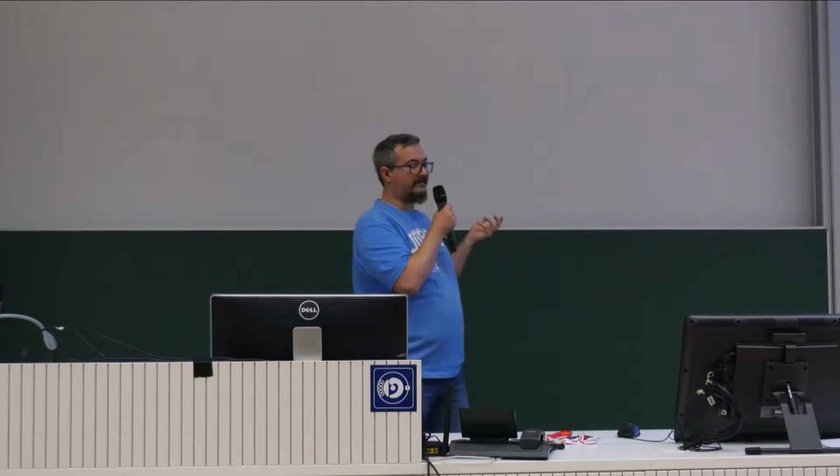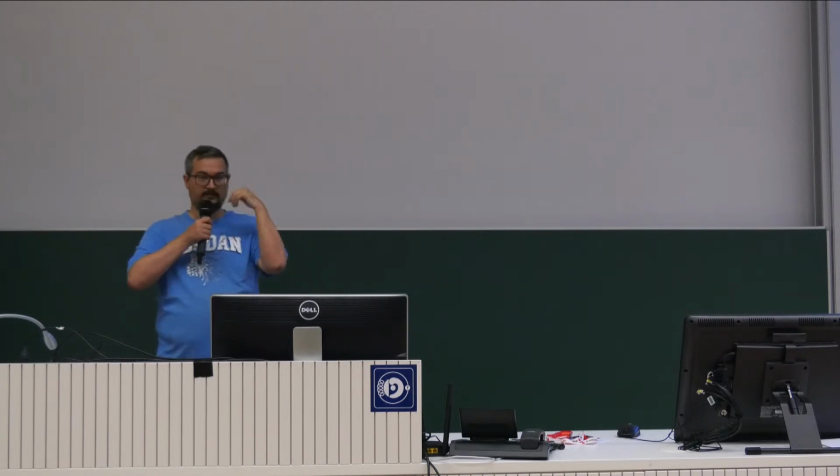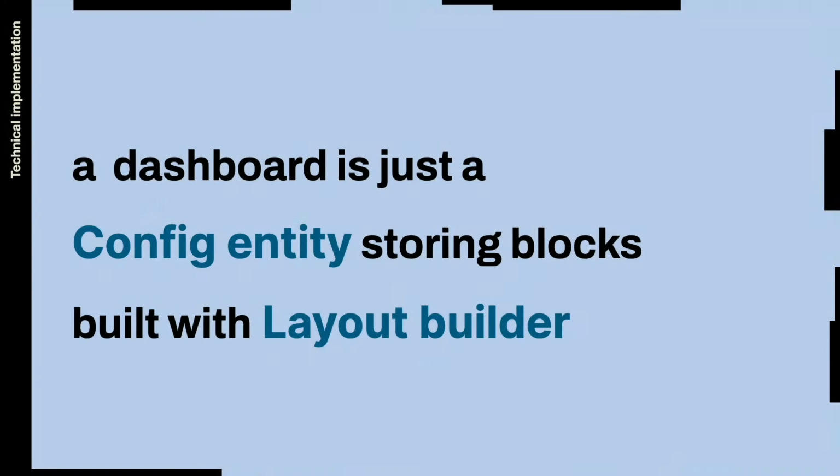So at the end, a dashboard is just a config entity that has a name, whether it's enabled or not, and little else. And then if you have the layout builder enabled, it will improve that so you can customize which blocks you can add there. So it's like three different steps.